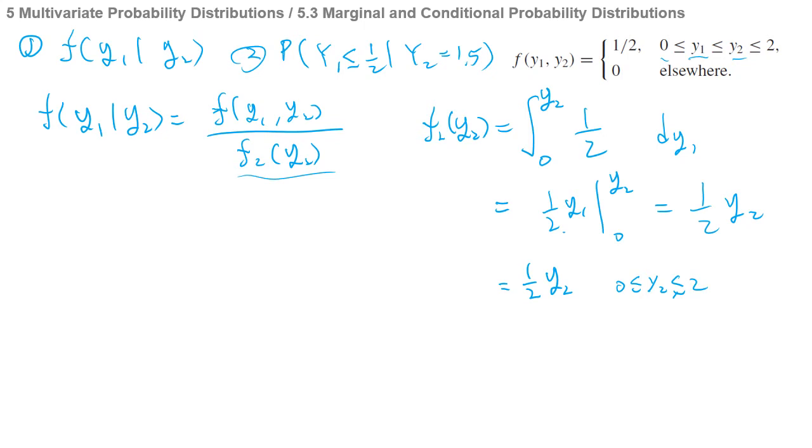Okay, and so you divide the joint density, which is 1 over 2, by 1 over 2 y2.